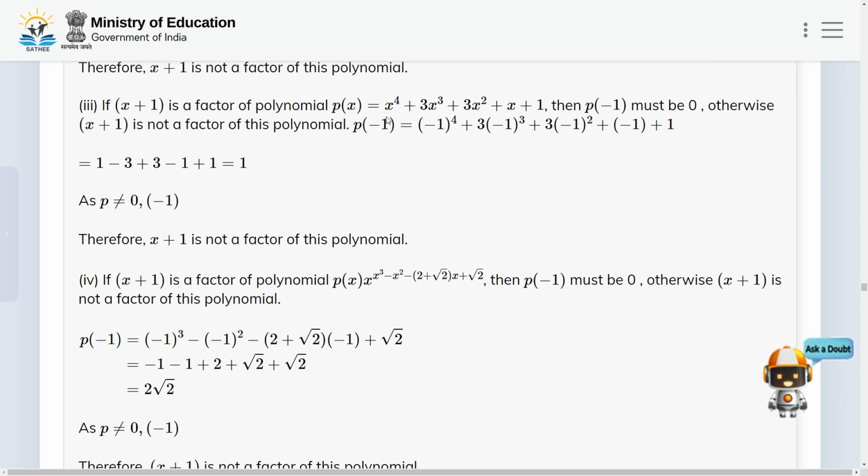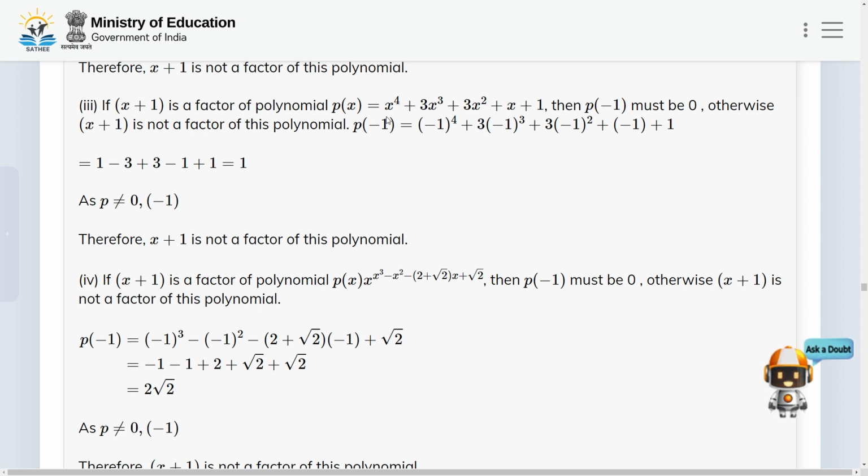Okay students, if we substitute x equals minus 1, then p of minus 1 is equal to minus 1 to the power 4 plus 3 into minus 1 to the power 3 plus 3 into minus 1 square plus minus 1 plus 1. This is equal to 1 minus 3 plus 3 minus 1 plus 1.